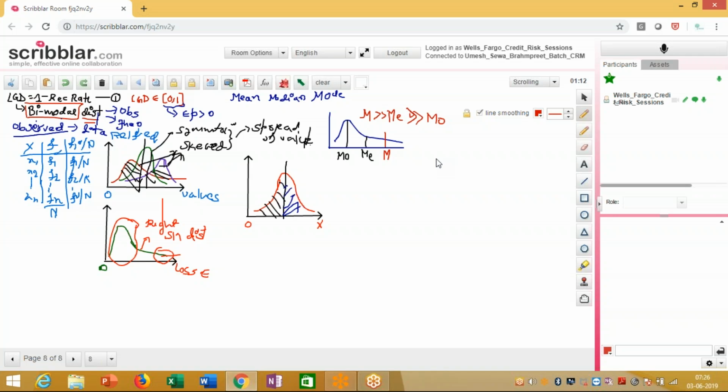Similarly, for a symmetric distribution, mean equals median equals mode.